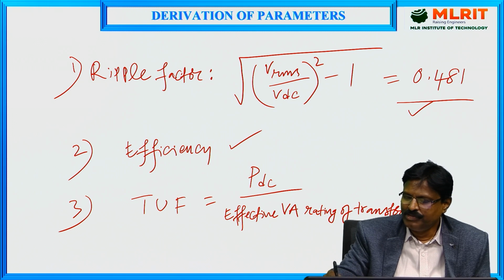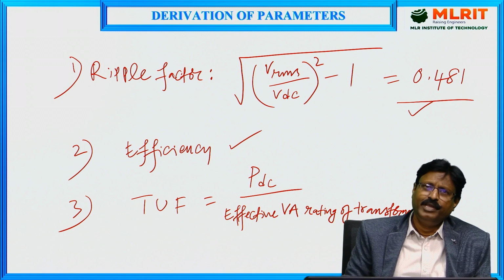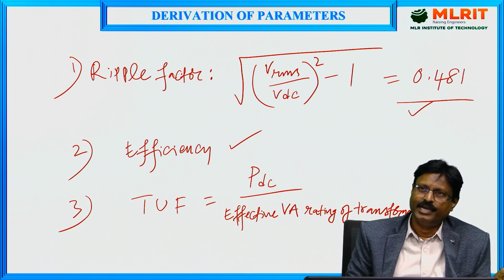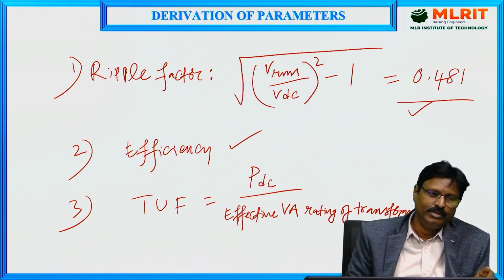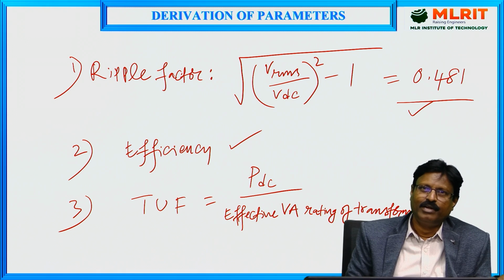So in the case of full wave rectifier, we derived the TUF by taking the TUF of primary winding as well as the TUF of secondary winding, and we went for the average of 2 TUFs and we calculated the TUF like that.